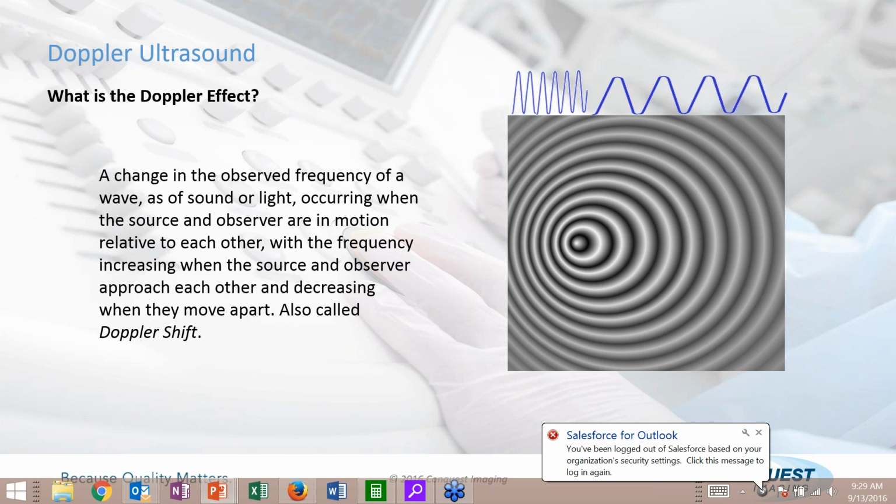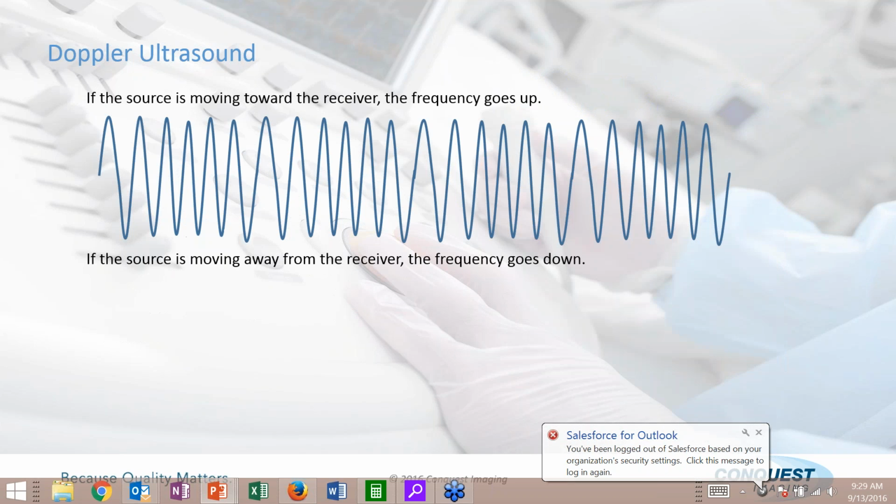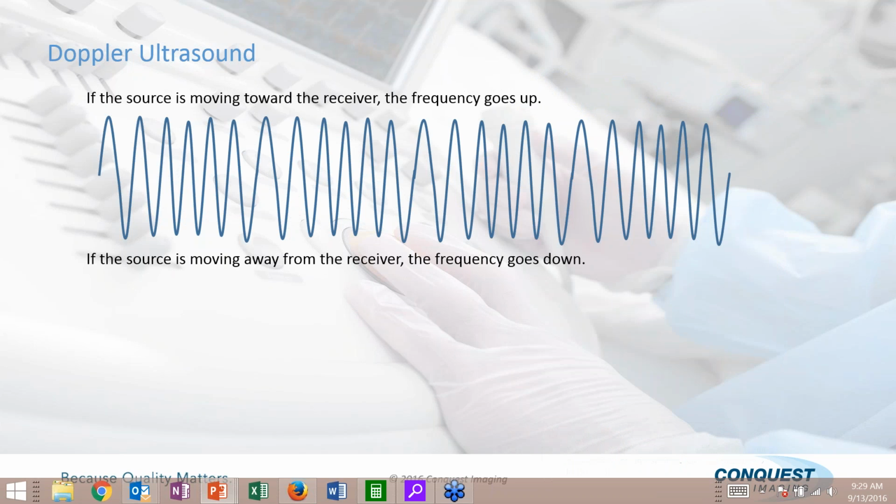And as it goes away from you, it's essentially dragging out that beam or creating a longer wavelength, which is a lower frequency, which is a lower sound wave. So if the source is moving towards you, the frequency goes up. If the source is moving away, the frequency goes down.